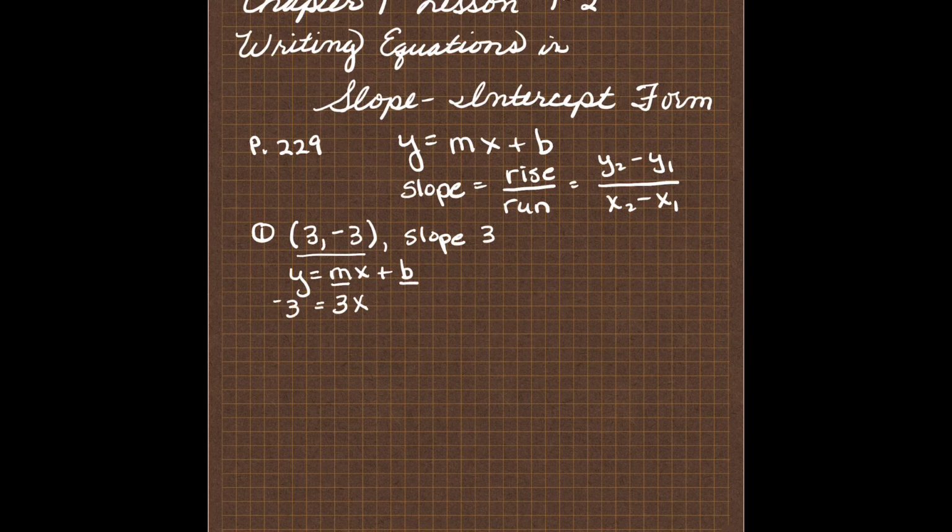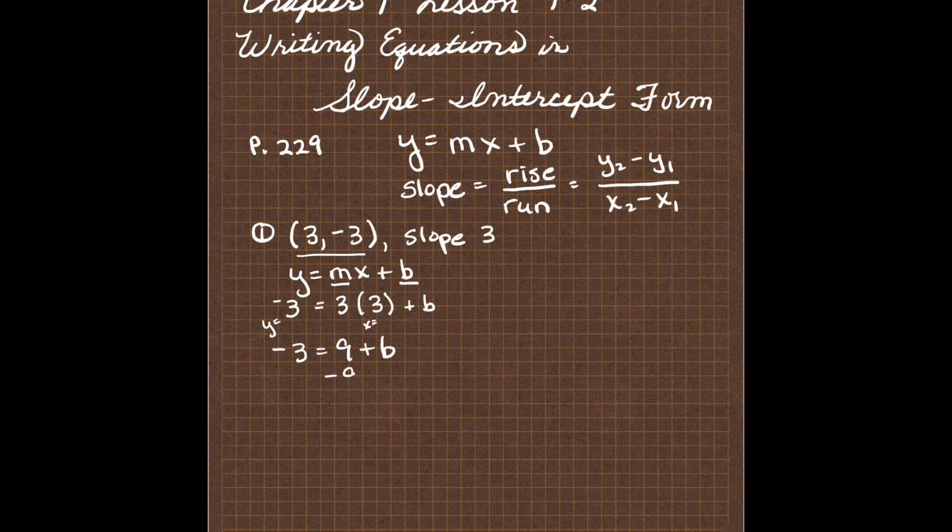This is a y, and hang on, let's get rid of the x that I had written in there. And this is the x. Okay, so this is y, and this is x. This is slope, this is x, and we don't know what b is, so we can solve for it. -3 equals 9 plus b.